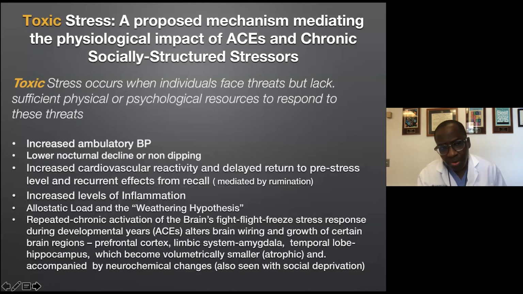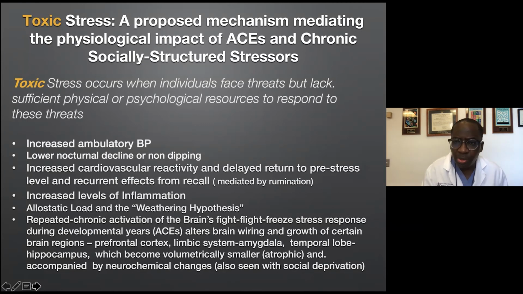And there's a lot of emerging data about toxic stress and the physiological response to it. These chronic, socially structured stresses, these adverse childhood experiences, the physiological impact of these are really, really real.